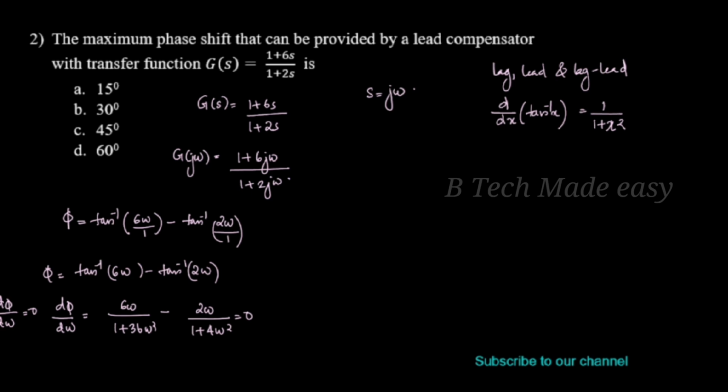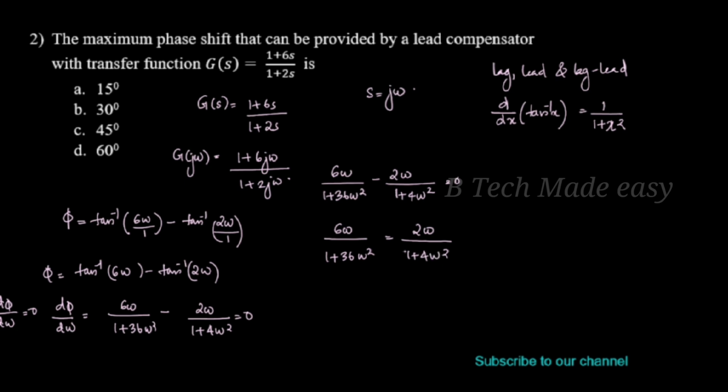So you have to solve this equation. That is 6/(1 + 36ω²) minus 2/(1 + 4ω²) is equal to 0. That is 6/(1 + 36ω²) = 2/(1 + 4ω²).